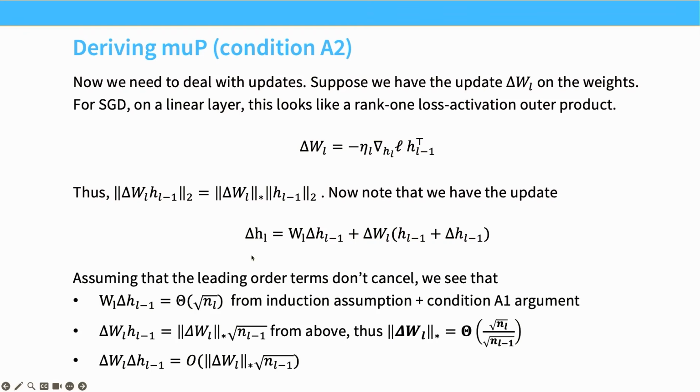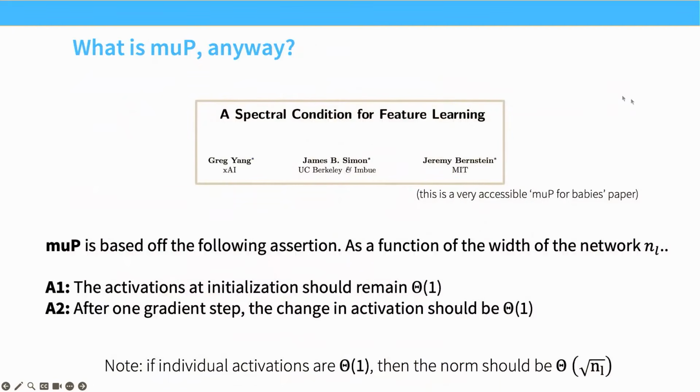And now what I'm going to do is look through each of these three terms. I want each of these three terms to have the same order of magnitude, and I want that order of magnitude to be square root of n_L. Why is that? Remember that, if I go back 2 slides, the condition that I want for A2 is that after one gradient step, the change in activation should be O(1) or Omega(1). And so if I want that to be true, then the norm of that layer should be square root of n_L.